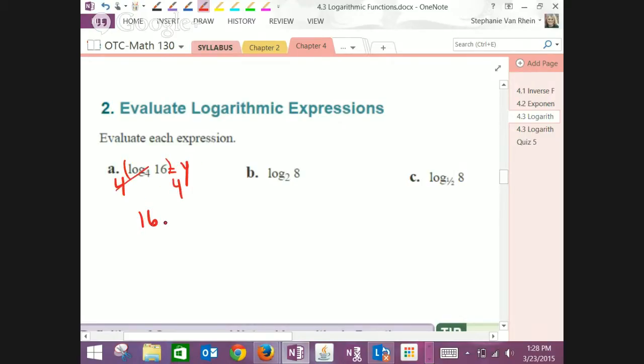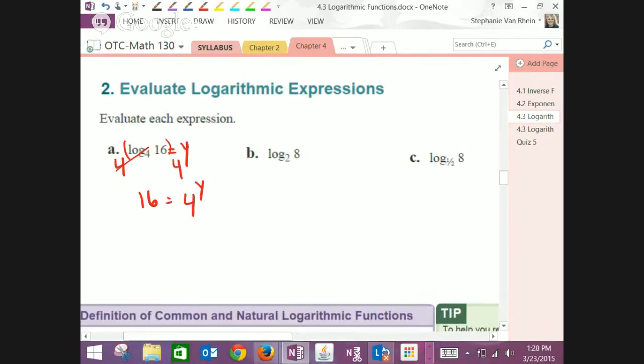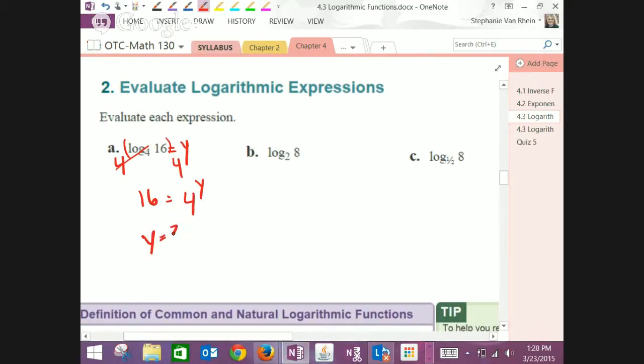That gives me 16 equals 4 to the y. So this is y equals 2. If I just look at here, this is asking me 4 to what power gives me 16. 4 squared gives me 16.